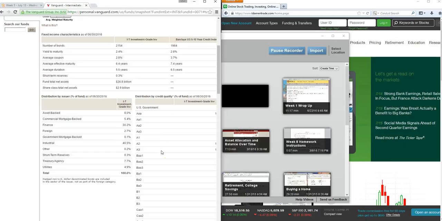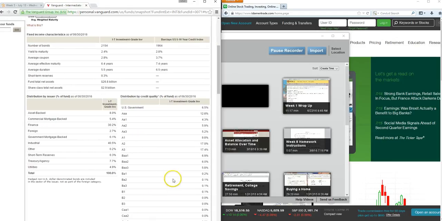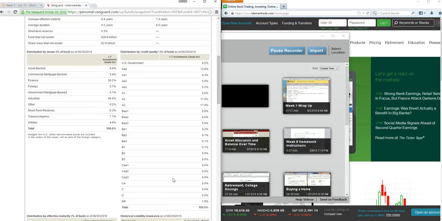If you scroll down even more, you can see what type of bonds are in the fund. So if I look here, this fund has some U.S. government bonds, but not that much, 6.5%. And then it has a whole bunch of A-rated bonds. Now, the different variations of A's are just different types of companies, how the rating agencies work.